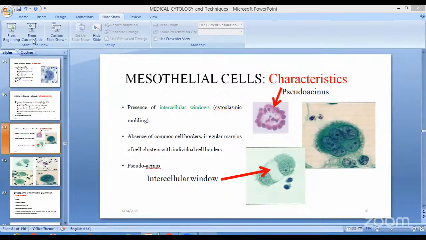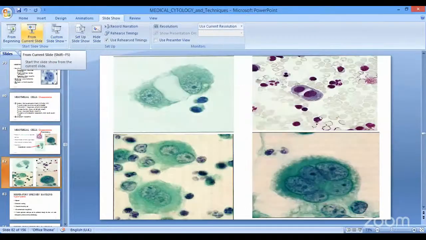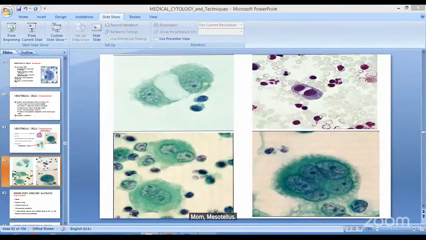Mesothelial cell. More mesothelial cells. Can you see this slide? I'm using it to reinforce everything I've said about mesothelial cells.